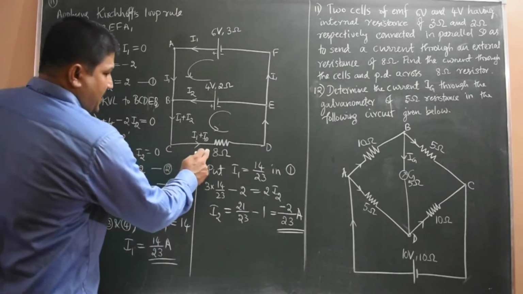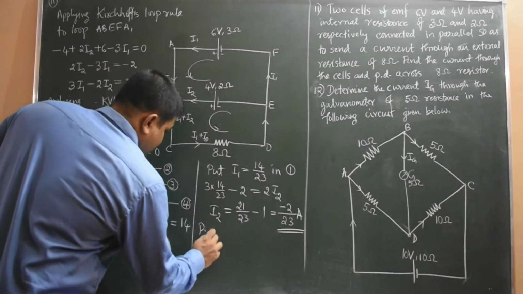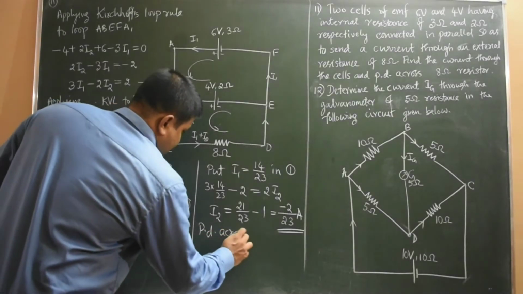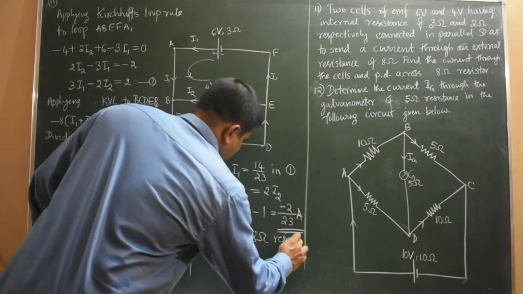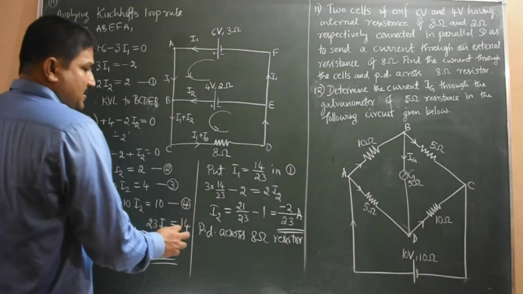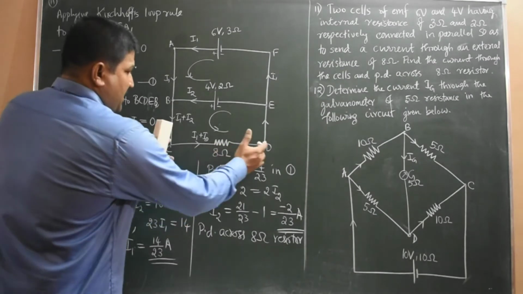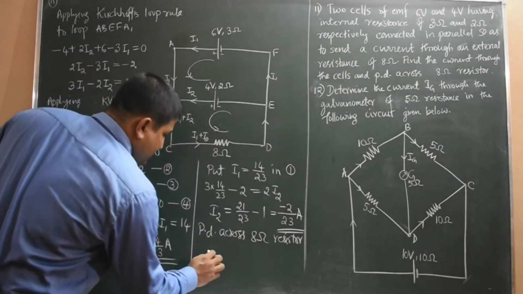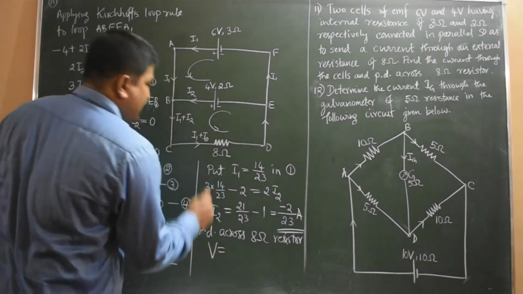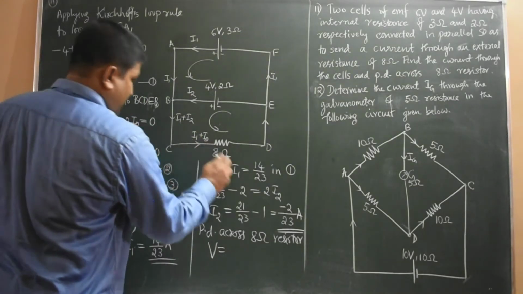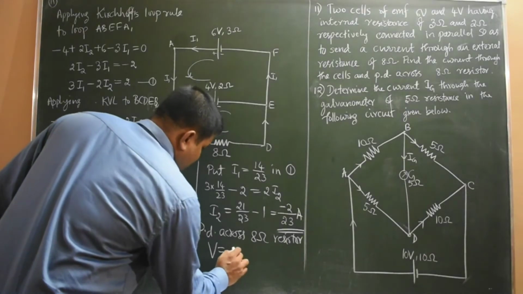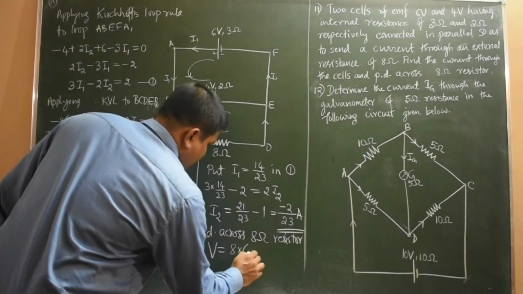Now the potential difference across the 8 ohm resistor is required. That is PD. Here the potential difference across CD is also the same. So V equal to I into R, resistance into current. The resistance is 8 ohm and the current is I1 plus I2. So 8 ohm into I1 plus I2.